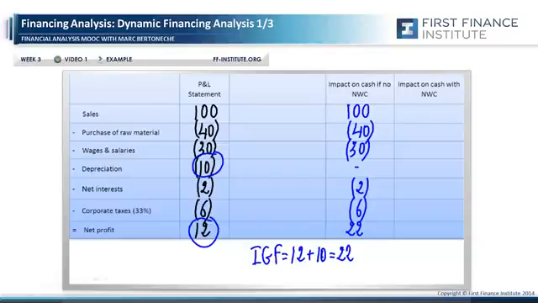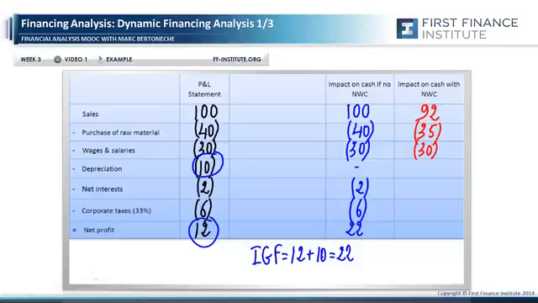Now, let's take a view if we assume now that we have net working capital. In other words, we sold 100, but not all our customers are going to pay, and only 92 are going to be collected. So we have 8 of credit to our customers. We bought some raw materials, but we don't pay for all of them. We just paid for 35. Now, wages, salaries, there is no choice. We have to pay them, so it will be 30.